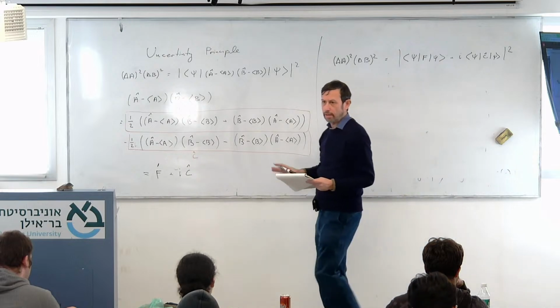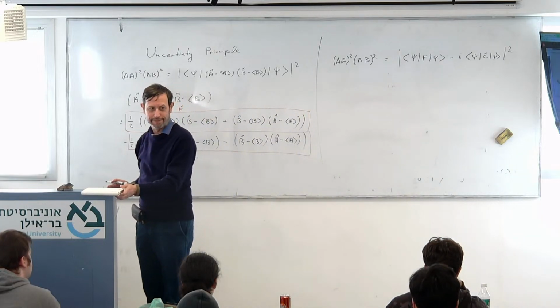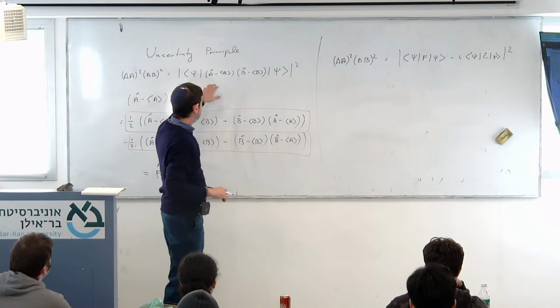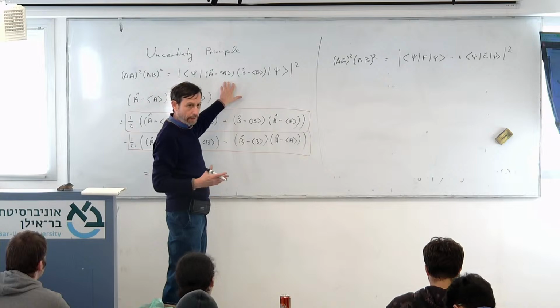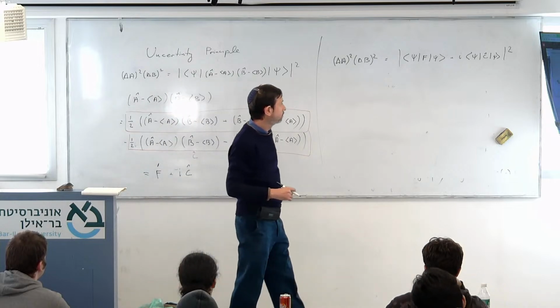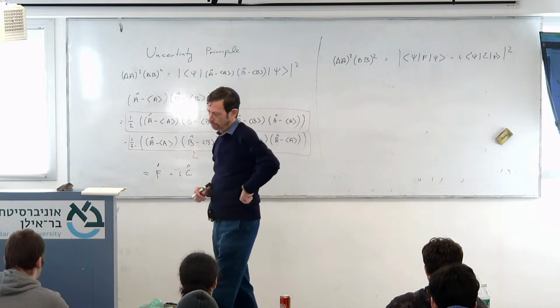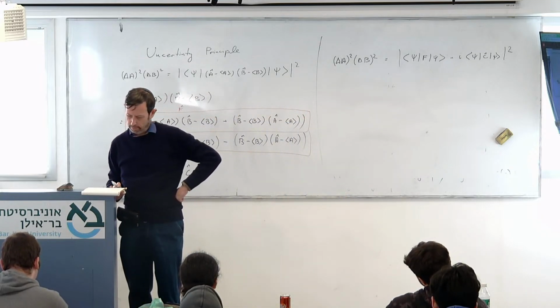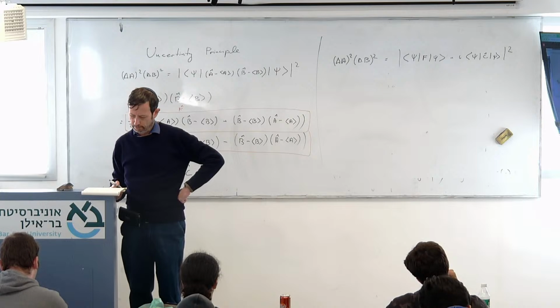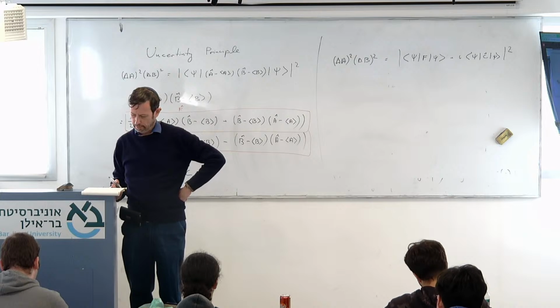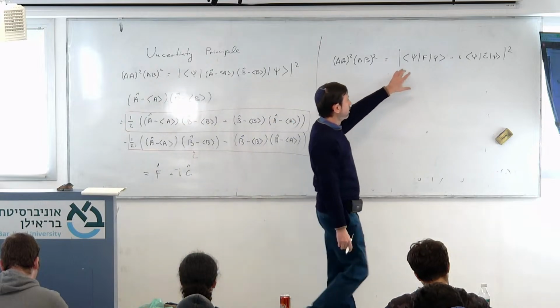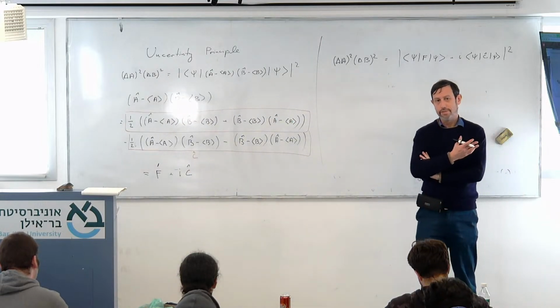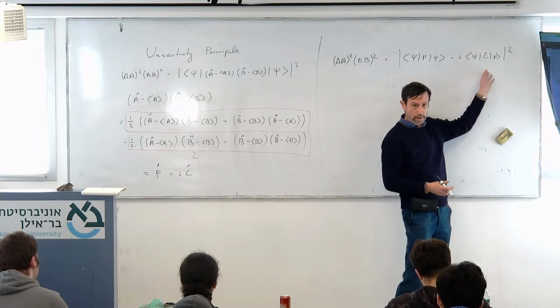Here I didn't do anything beyond writing down what was written here with F and C. F and C are Hermitian, right?